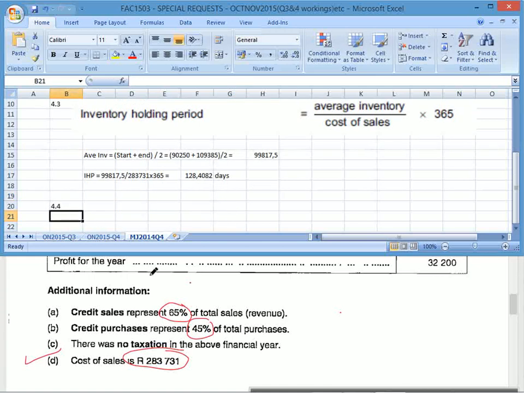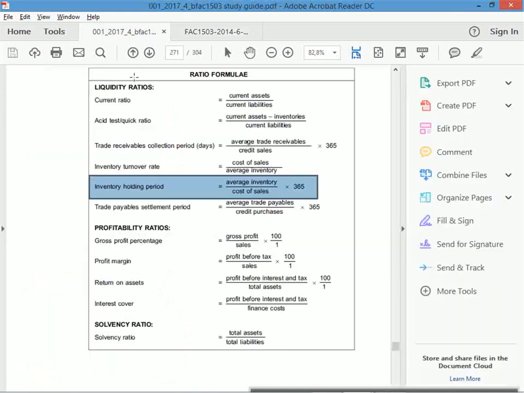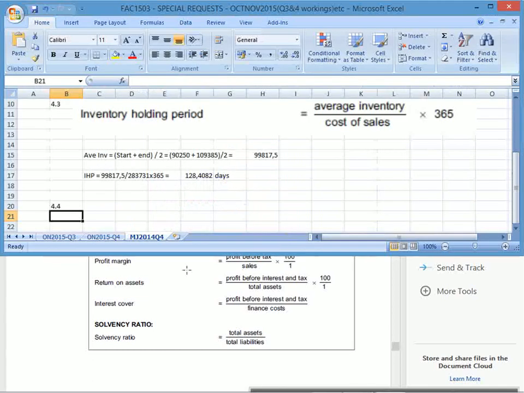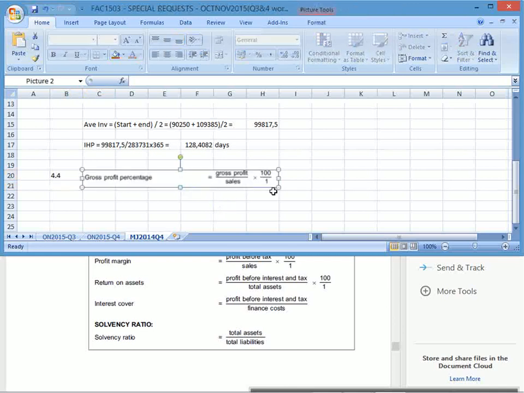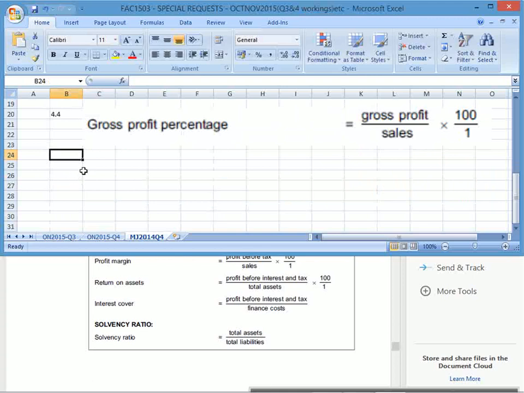4.4. What did they ask for? Gross profit percentage. So, gross profit percentage is gross profit over sales. Copy the equation, write it down. In the exam, you'd have to remember it. Okay, then we need to work it out. Right, so I need gross profit. How do I get gross profit? Sales minus cost of sales, right?